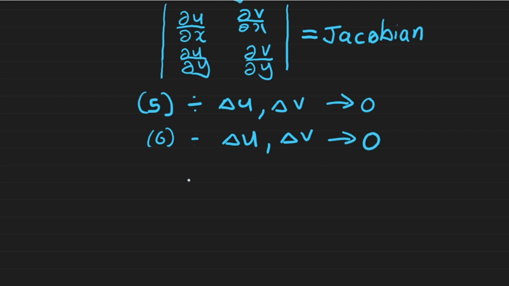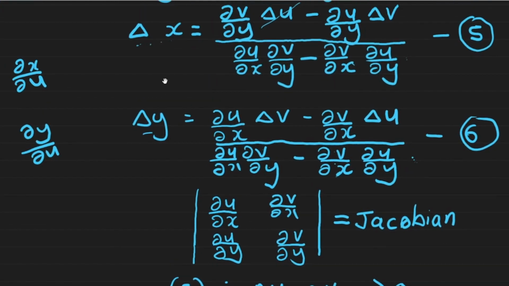Following on from that, we're now able to find ∂x/∂u and ∂y/∂u. So this becomes divided by delta u and also delta v. We do it both ways. And when this approaches 0, this becomes ∂x/∂u and ∂y/∂u.